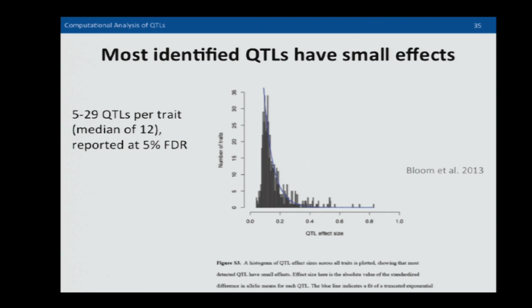So you can see here the histogram of effect sizes, and you can see that most QTLs have very small effects on phenotype, where phenotype is scaled between 0 and 1 for this study. Most traits, as is described here, have between 5 and 29 different QTL loci in the genome, with a median of 12.